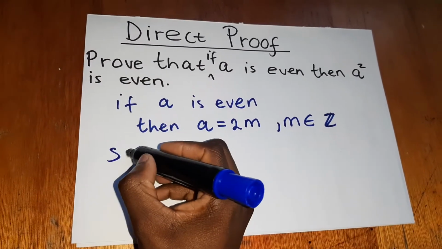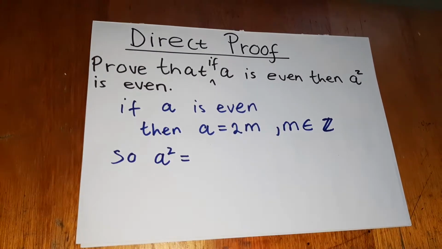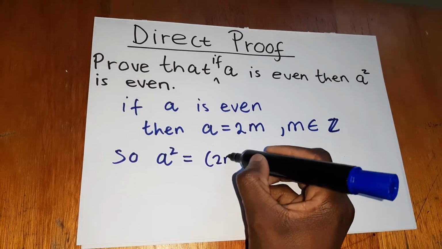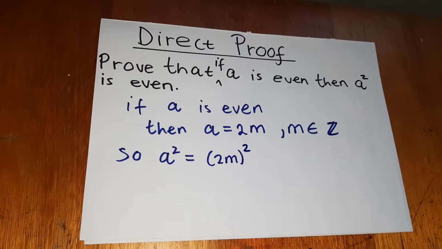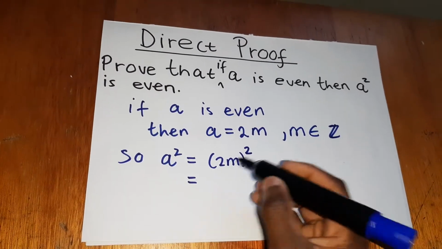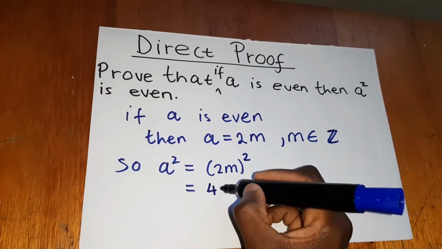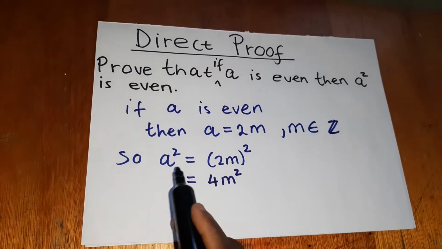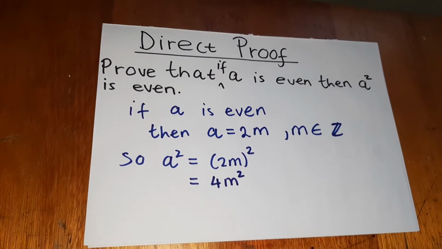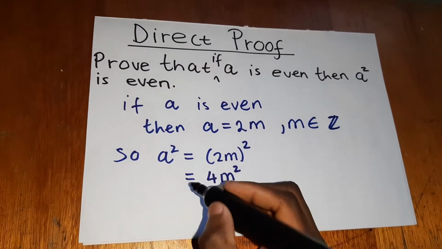So A squared is now equal to (2m) all squared. Then we simplify. What is (2m) squared? It is equal to 4m squared. Now our A squared is equal to 4m squared, but we want to express our A squared in terms of 2 multiplying something.